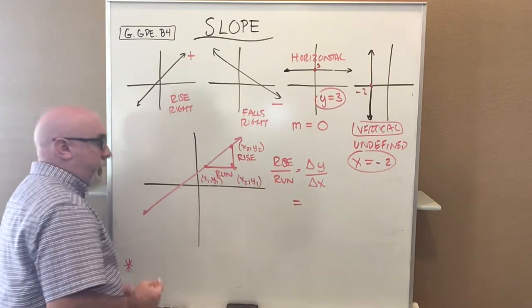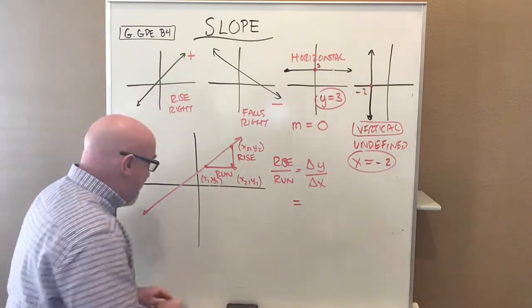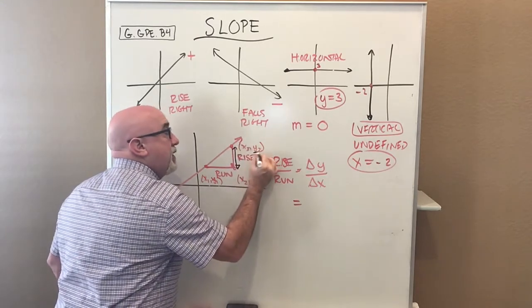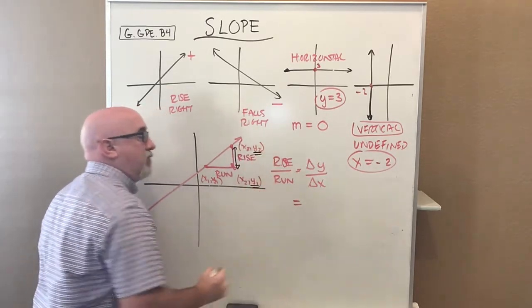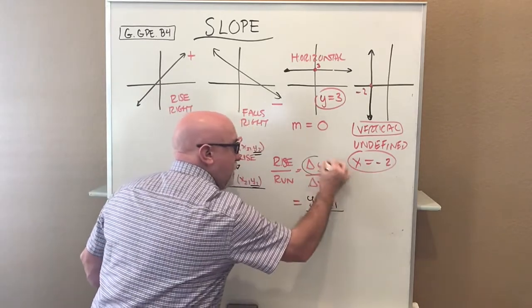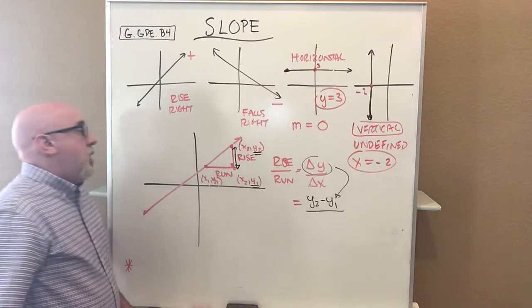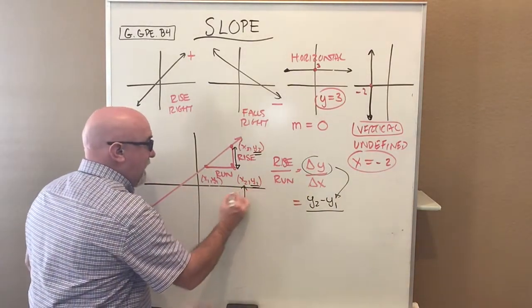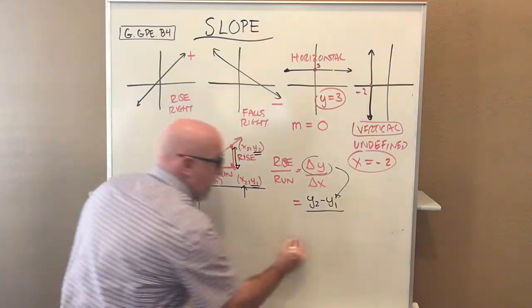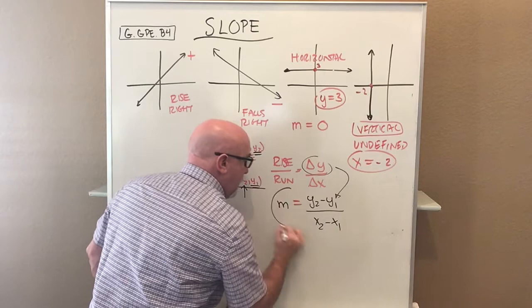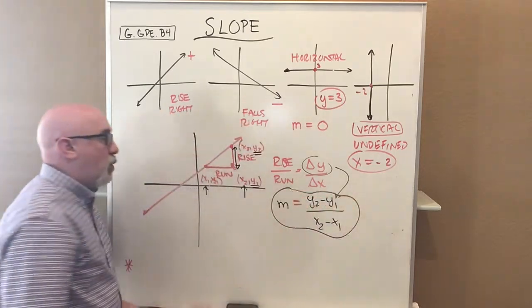Now, if you were trying to calculate the change in the rise from here to here, we would actually look at these two values, which would be the difference in the y values. That's what we mean by this. And if we were calculating x, we would take a look at the x values that are changing here, and this becomes our formula for slope.